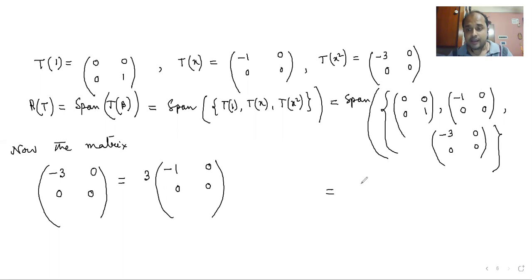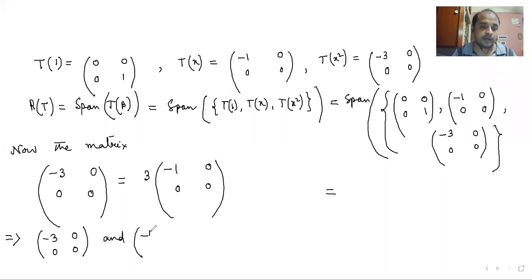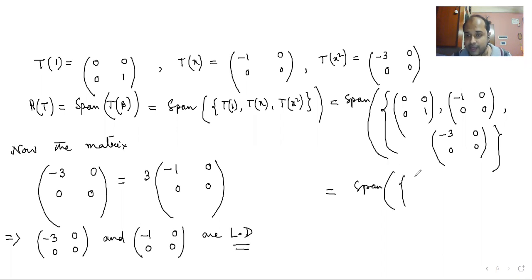This implies that minus 3, 0, 0, 0 and minus 1, 0, 0, 0, these two vectors are linearly dependent, LD. So in the span, I am only considering those which are linearly independent. So you get 0, 0, 0, 1 and minus 1, 0, 0, 0.